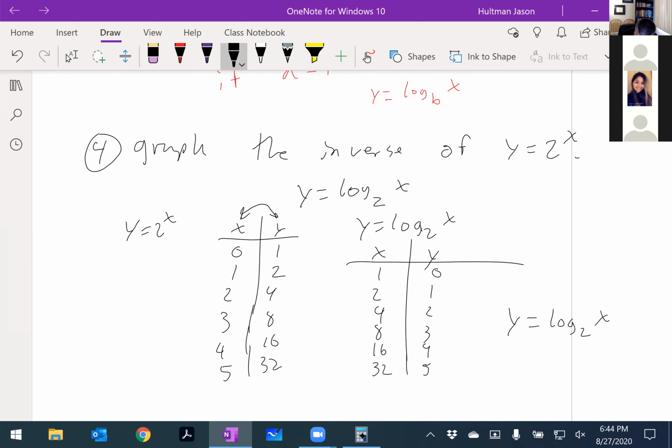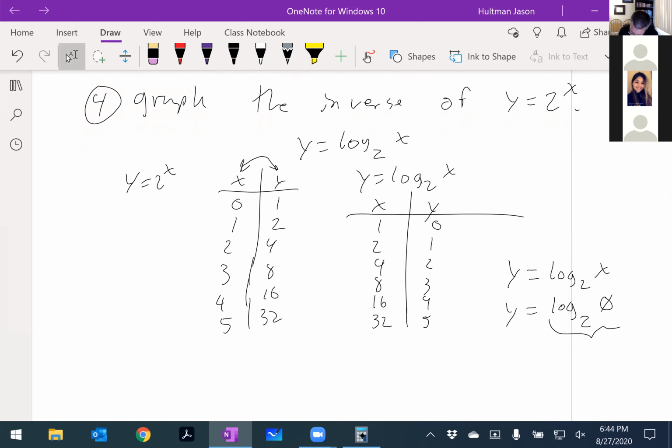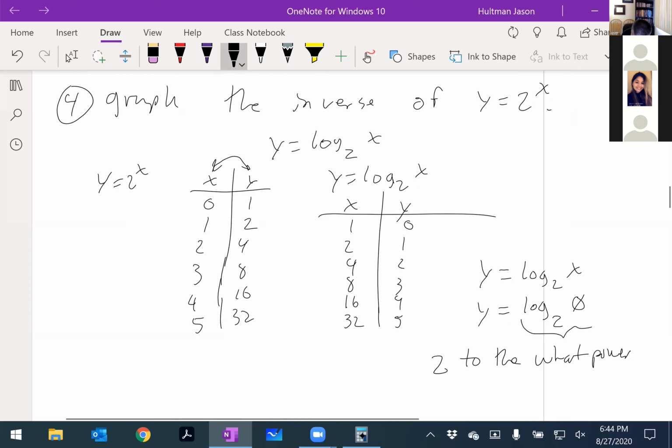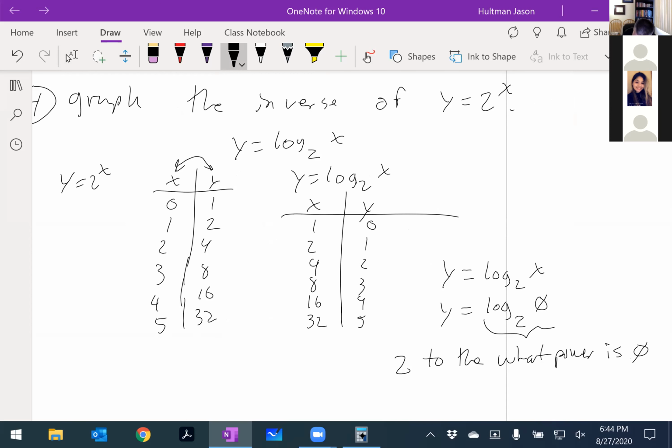So what is y equal to when x is 1, log base 2 of 1? The question this is asking me, in logarithmic form, is: 2 to the what power is 1? Sorry, this should be a 1. My bad.